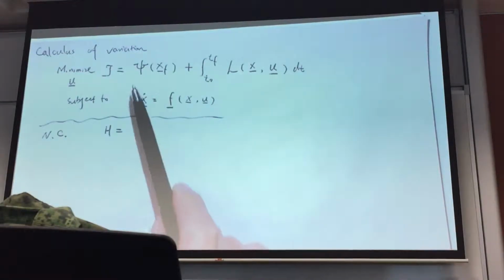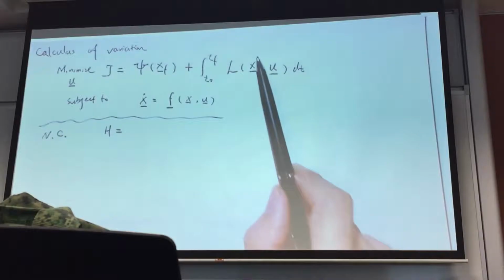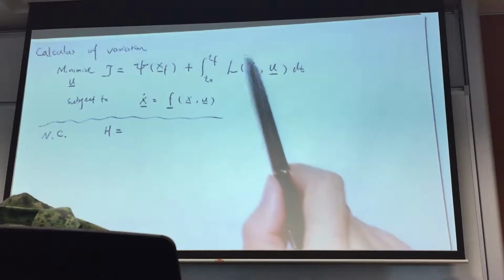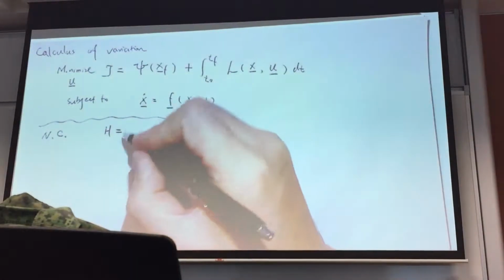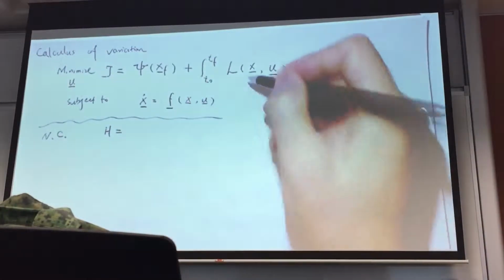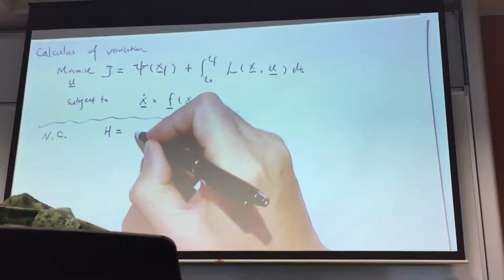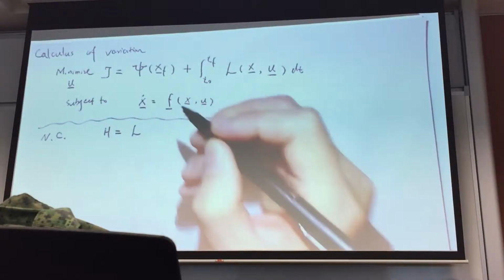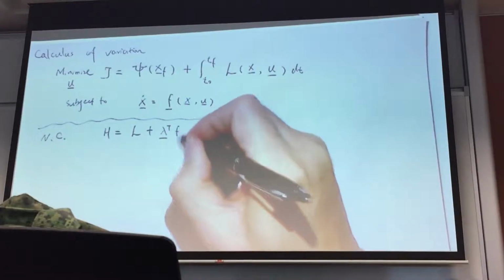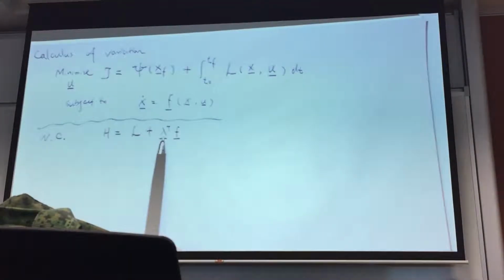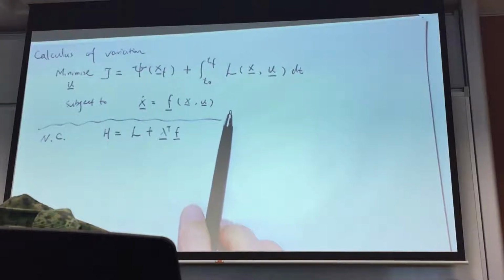So the Hamiltonian must be constructed inside the integral because we have the u and x here. This H will be constructed in the same form: we have the function L plus lambda transpose f, in the same form as we discussed before.